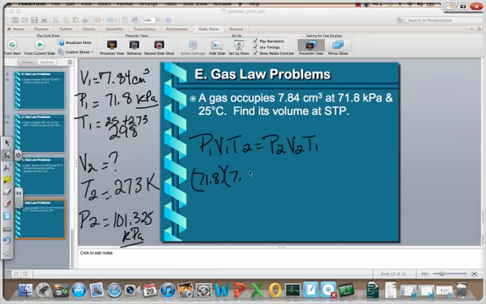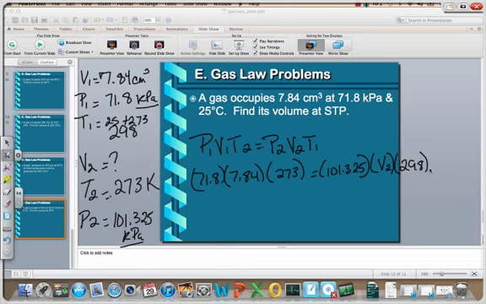V1 is 7.84. T2 is 273 Kelvin. Remember, watch what you're doing with that temperature. It needs to be the second temperature here. All right, so P2 is 101.325. And V2 is unknown. We don't know what that is. And T1 is 298.